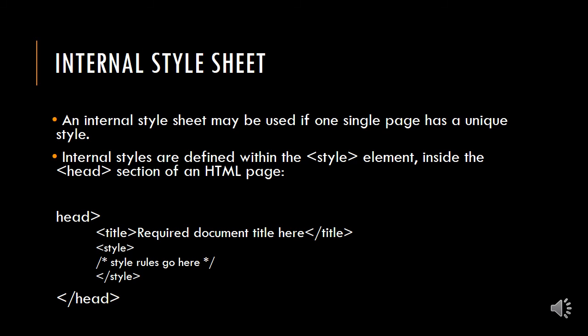The internal style sheet is the type of a style sheet that we have worked on with our previous examples. It is placed in a document via the style element and its rules apply only to that document. The style element must be placed in the head of the document.